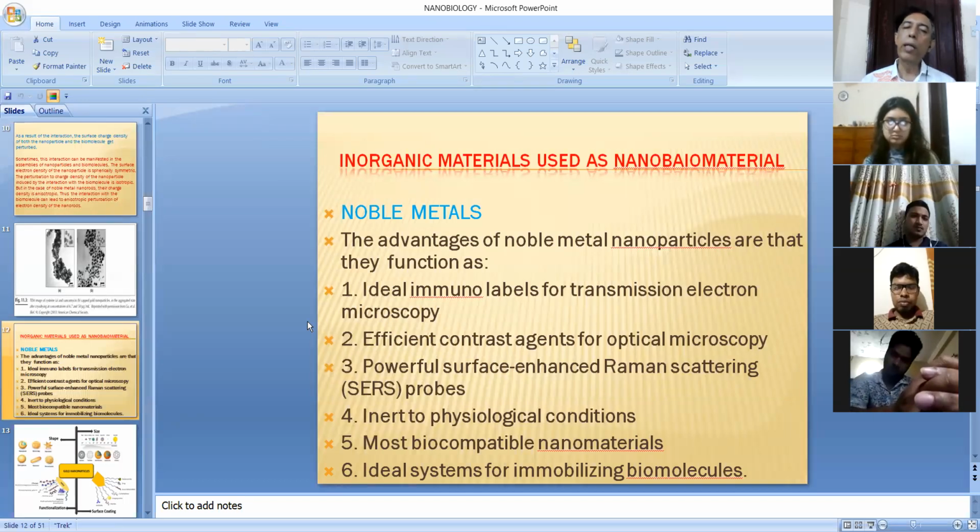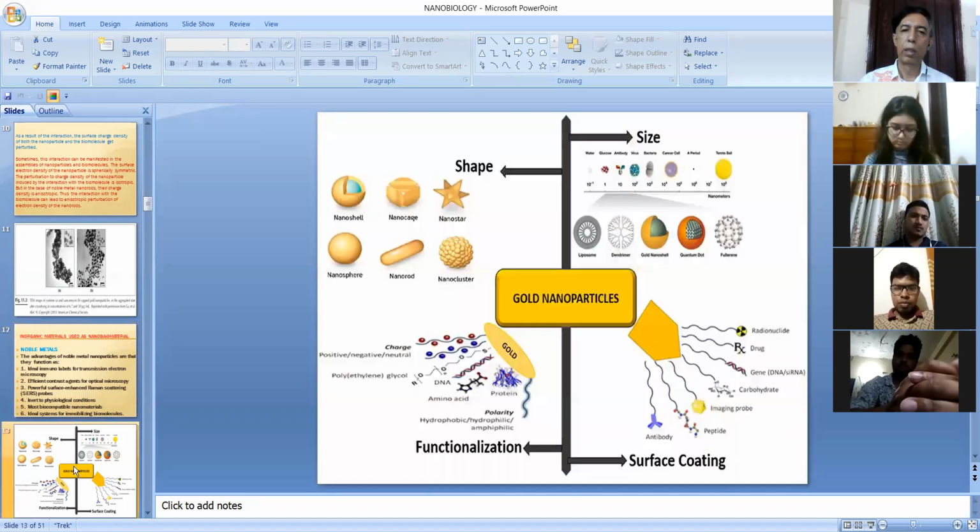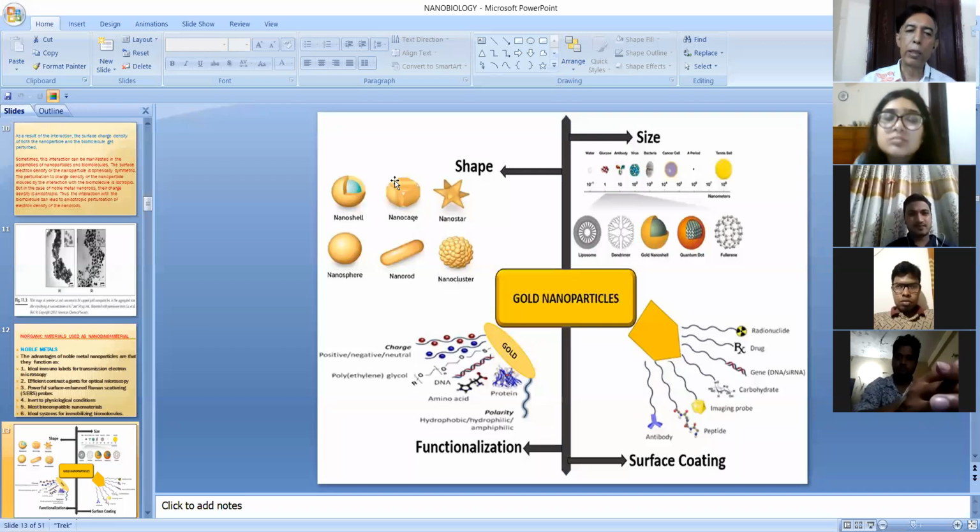We can use these noble metals in different shapes. As different shapes, you see, this is a nano shell. Say for example, if we are using gold nanoparticle, we can use the gold nanoparticle as a nano shell, as nano case, nanostar, nanocluster, nanorod, nanosphere. These all are different shapes of your nanoparticles.